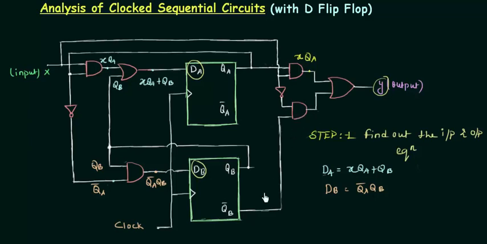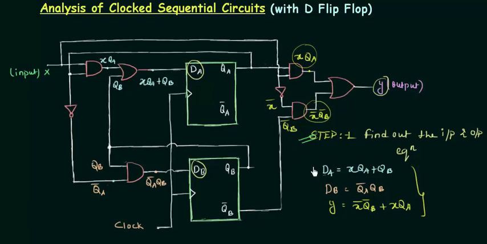And for this AND gate, the first input is QB complement and the other input is X complement. So here I have X complement QB complement. Then we have to OR these two things, and we have our y. So I will write y equals X complement QB complement or XQA. In this way I have my input and output equations, and our step 1 is completed.